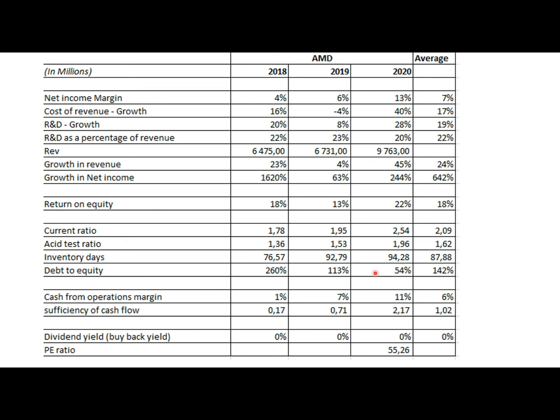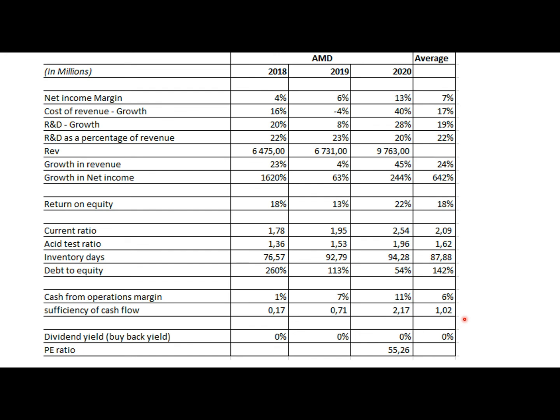It makes the balance sheet very attractive, and it makes AMD not that financially risky. Not that much financial risk on the balance sheet. So overall, low financial risk, low liquidity risk, good attractive balance sheet. The financial position of AMD is pretty good.